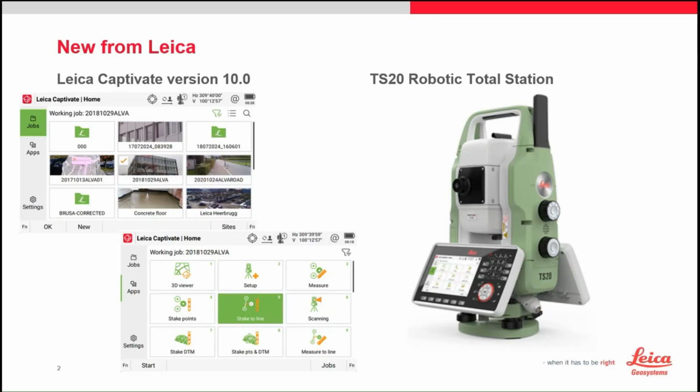It can alert you when it sees a target that doesn't match what your settings are, so it can automatically detect a prism type. And it can find and center on reflective targets now as well. It's also optimized to use with the AP20 pole.